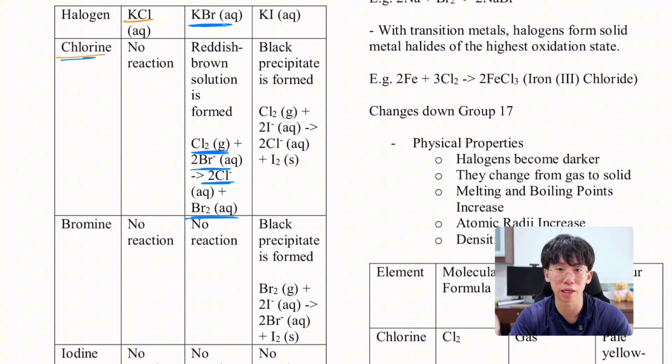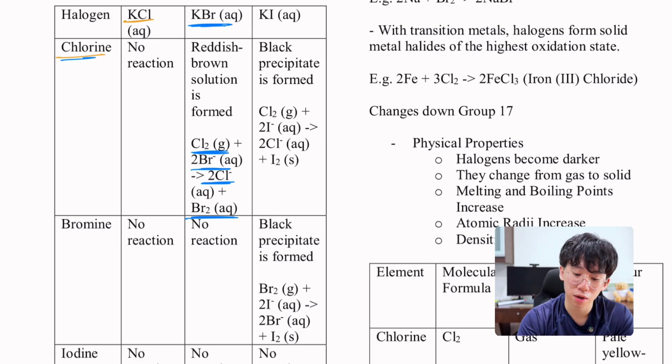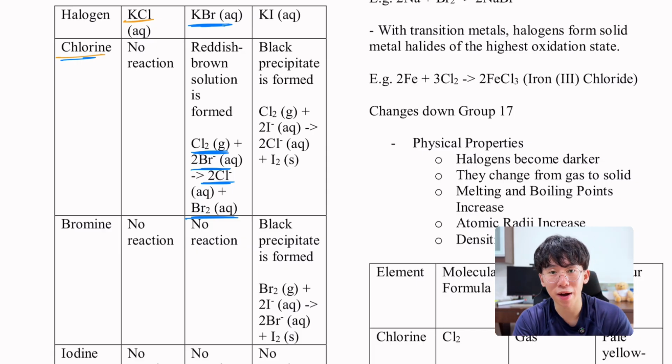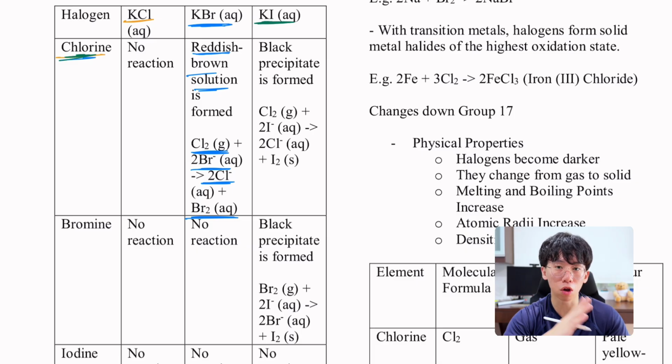It doesn't just come out as a single Br atom, it has to be Br2. Because of this, we can find the observation, which is that a reddish brown solution will form, because Br2 comes out, and we know that Br2 is reddish brown. If you compare chlorine reacting with potassium iodide, for example, chlorine is more reactive than iodine.